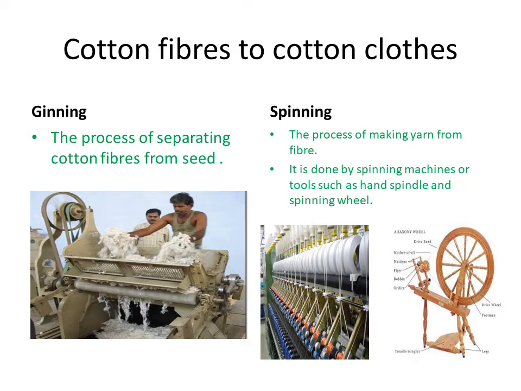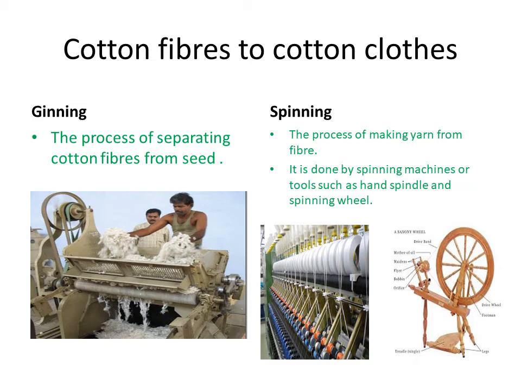After harvesting, the cotton fibers are separated from the seeds. The process of separating cotton fibers from seed is called ginning. Next, the fibers are cleaned and spun into long yarn or thread.